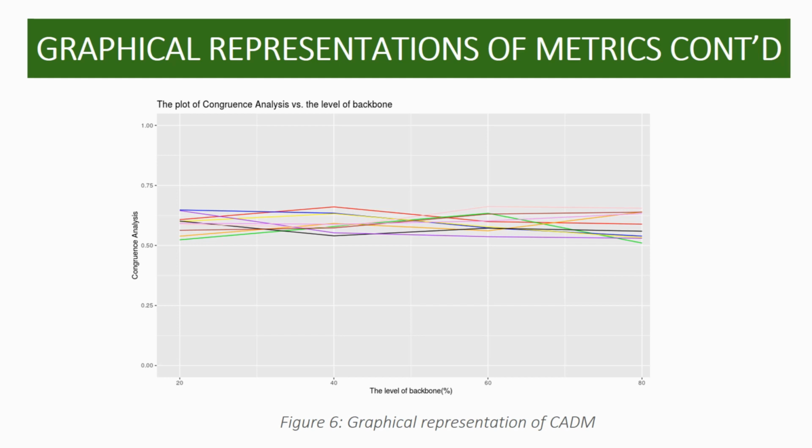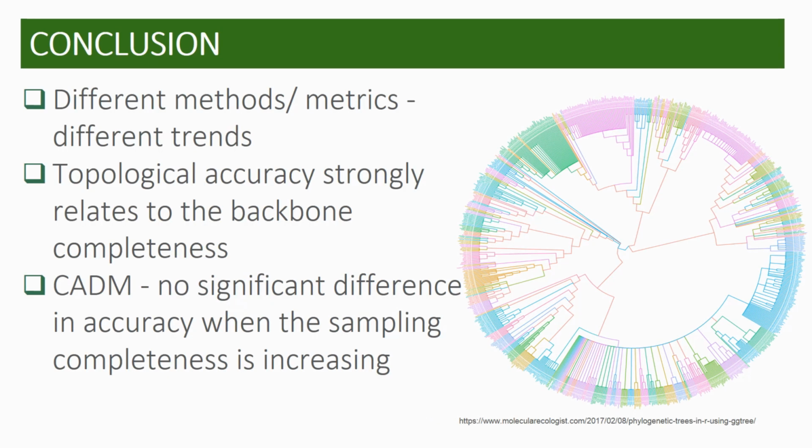By considering all the outcomes, we can conclude that topological accuracy strongly relates to the backbone completeness, while distance-based methods have no significant difference in accuracy when the sampling completeness is increasing.